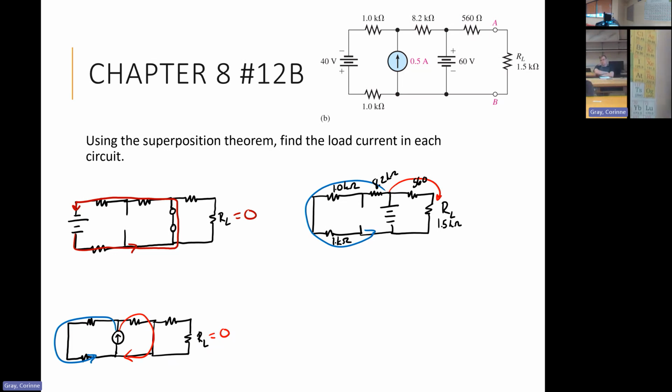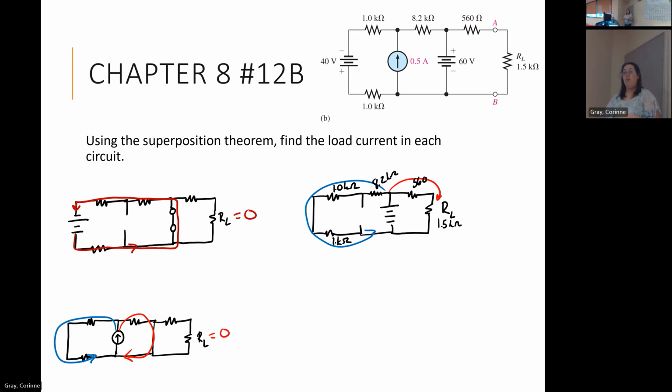So we can use our voltage divider to say, hey, this is the voltage across RL. And once we have that, use Ohm's law to solve for the current. So both methods work out. It just depends on what you're more comfortable with doing.